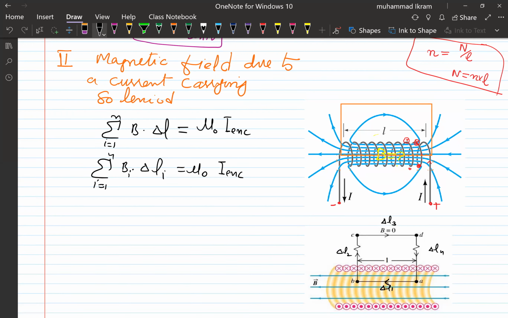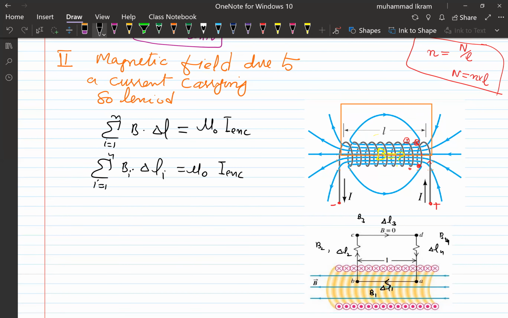Here I label it as B1, here I will label it as B2, and here B3, and here B4.